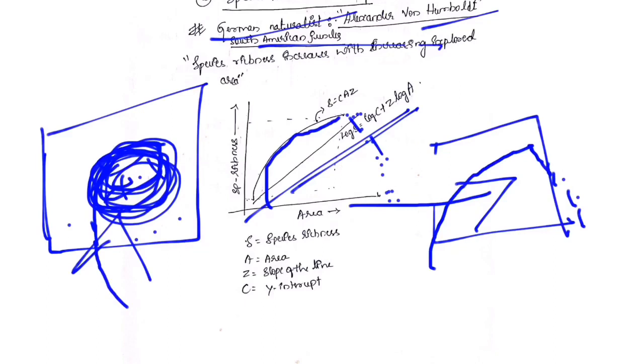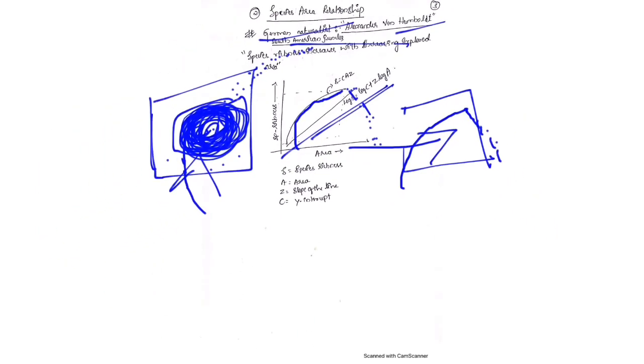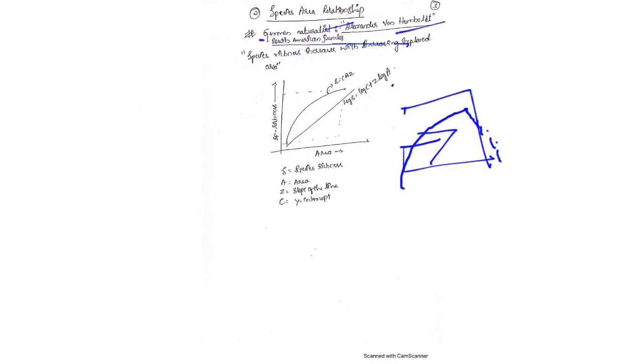As you move away from the center, the species richness decreases. Why? Because most favorable environmental conditions are at the center, with very rich species diversity. As you come near the exit of the forest, the number of species decreases. This is what the species area relationship is.